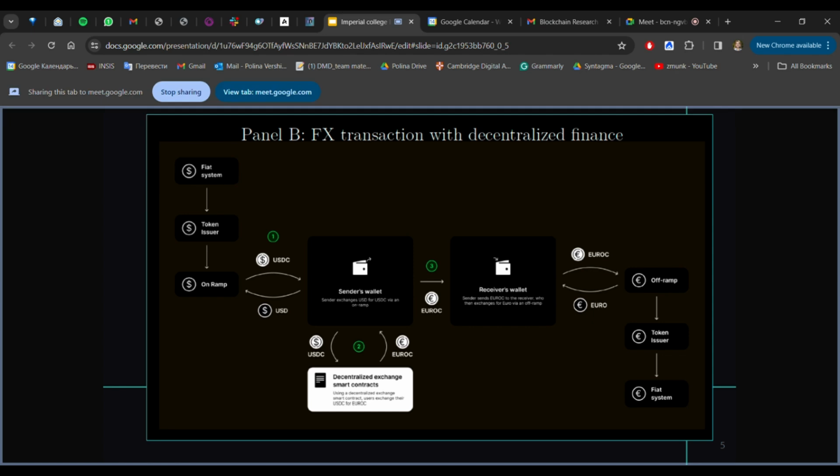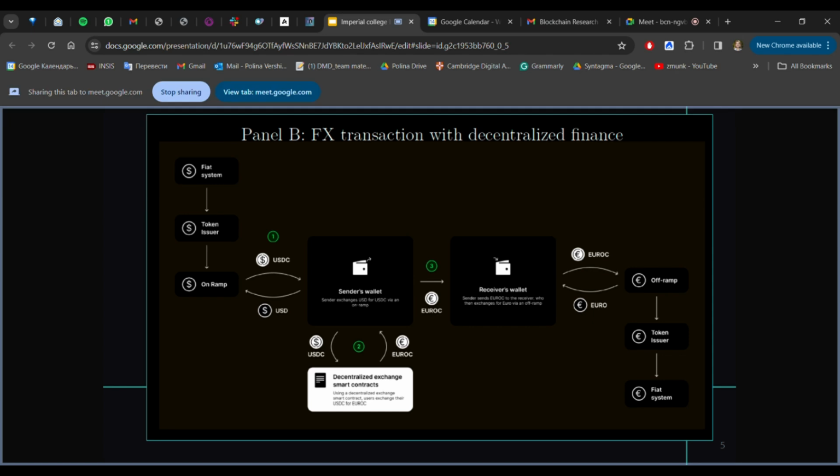Then we see exchange of USDC to Euro Circle, an example of how it can be done using different stablecoins and currencies, but again, it doesn't have to. Then we send these tokenized euros, stablecoins of euros, to the receiver. Receiver converts stablecoins into fiat and gets the money to the bank account that they have or whatever they use. So that's how it is done.